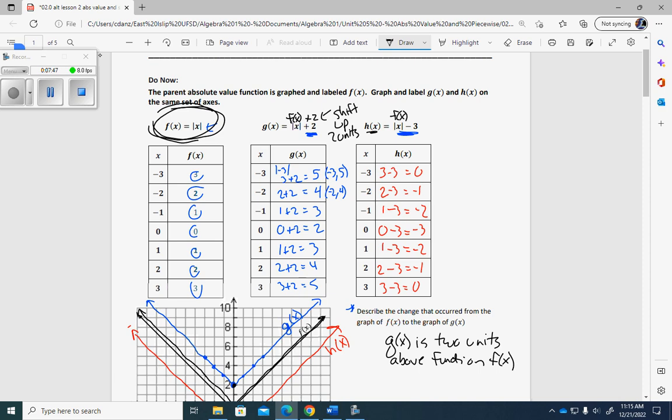The absolute value of x really was what we wrote for function f. And now it has this minus 3, so this minus 3 makes it shift down 3 units. So it turns out that a plus makes it go up and a minus makes it go down.